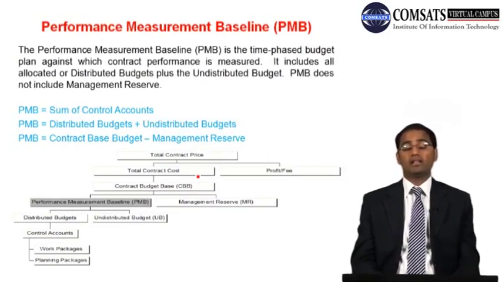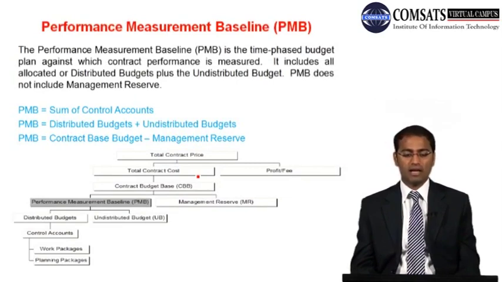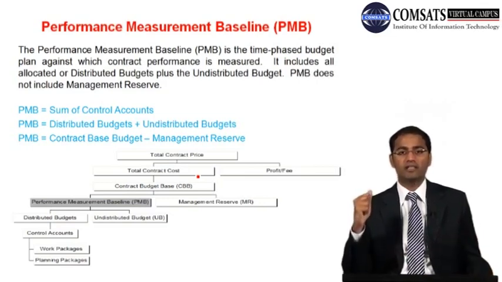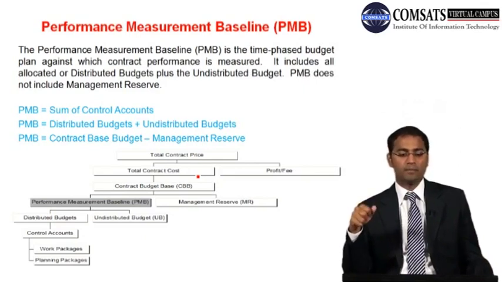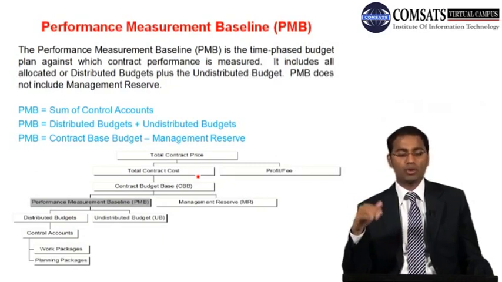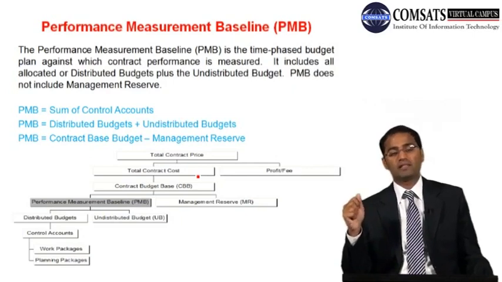And the most important thing in this contract baseline diagram is PMB, performance measurement baseline. The performance measurement baseline is the time-phased budget plan against which contract or project performance is measured. It includes all the allocated or distributed budgets plus undistributed budget. PMB does not include management reserve.